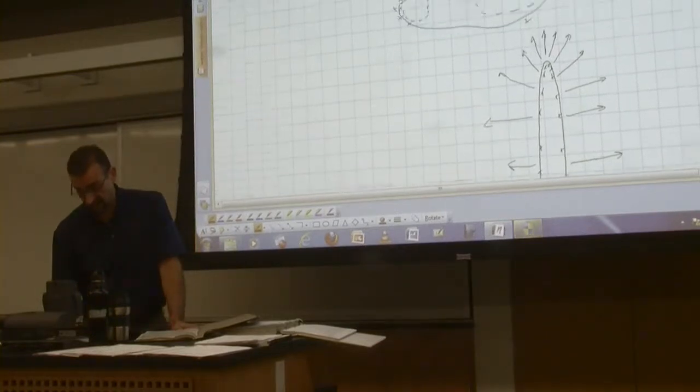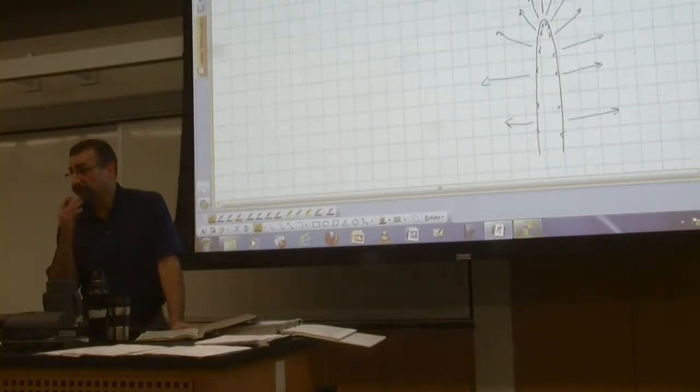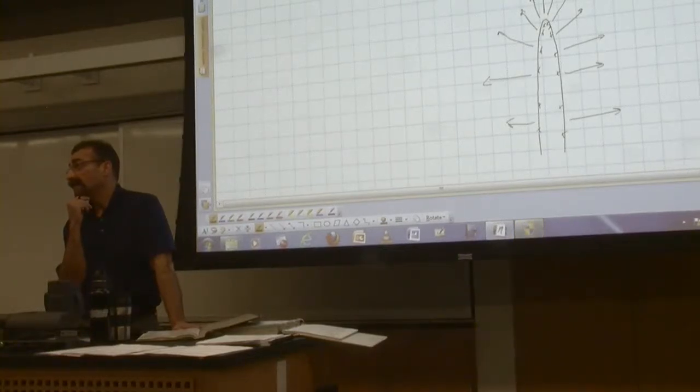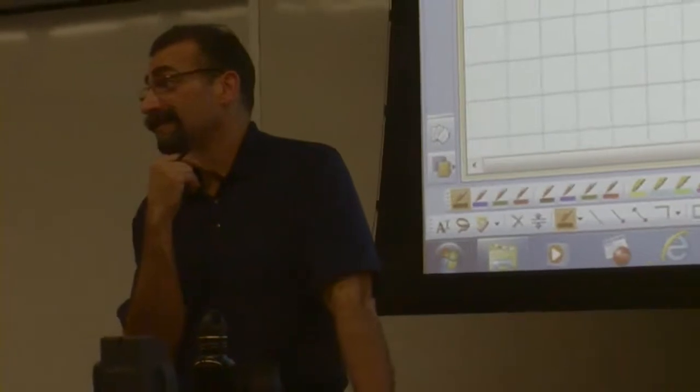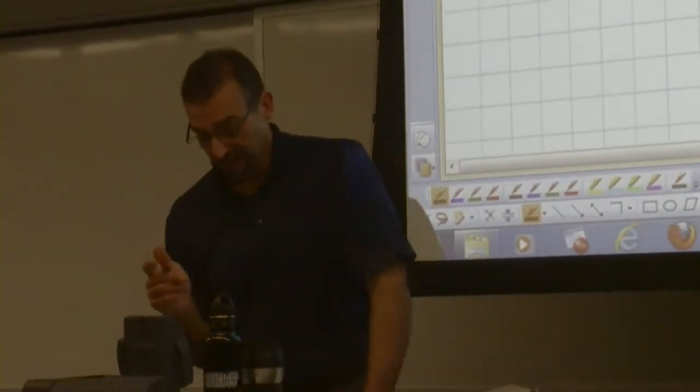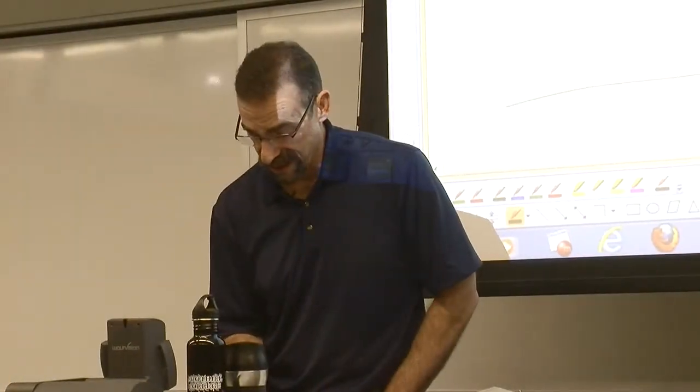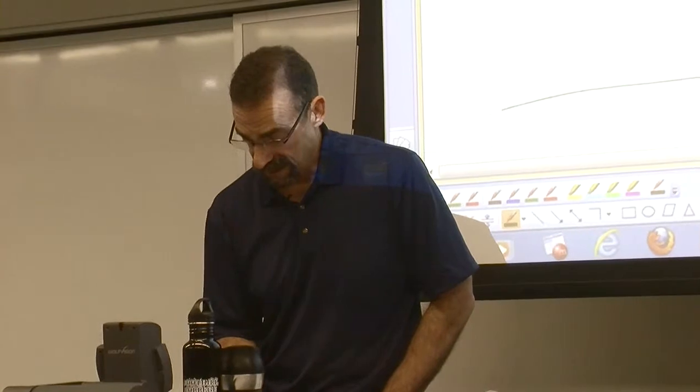I still don't quite understand why... So what happens is the question is, how can a lightning rod prevent a lightning strike? So you get a charge buildup.